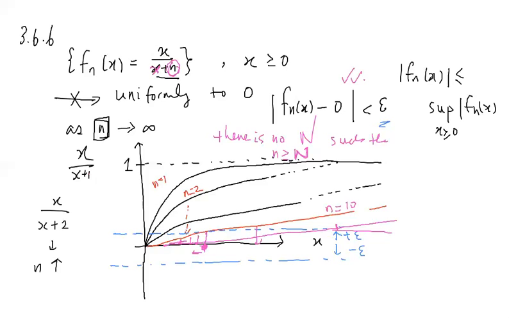Definitely, because this is definitely bounded by the supremum. Now, x over x plus n is definitely bounded by 1, yeah? No matter what n is, it's a constant, right?